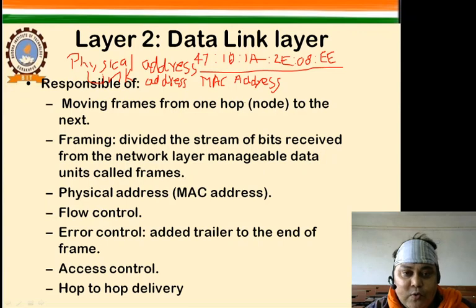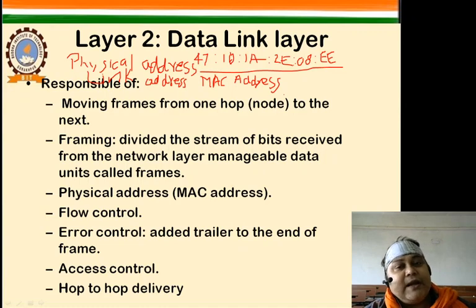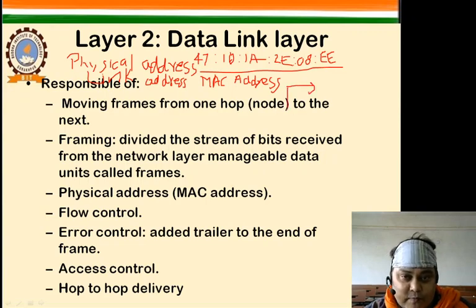So this physical MAC address or link address is further divided, or you can say classified, into three main categories. According to my view, if you go this way, you can easily understand what I am trying to say.